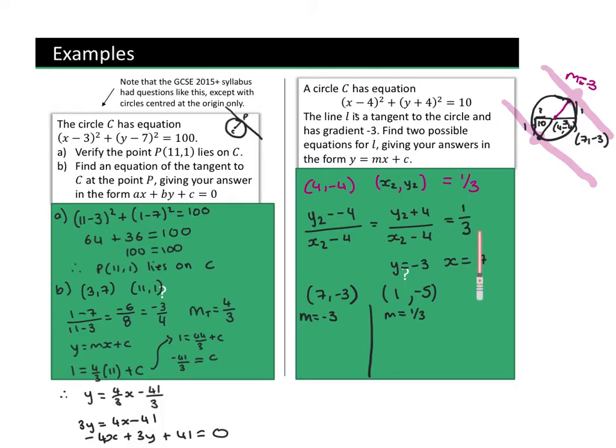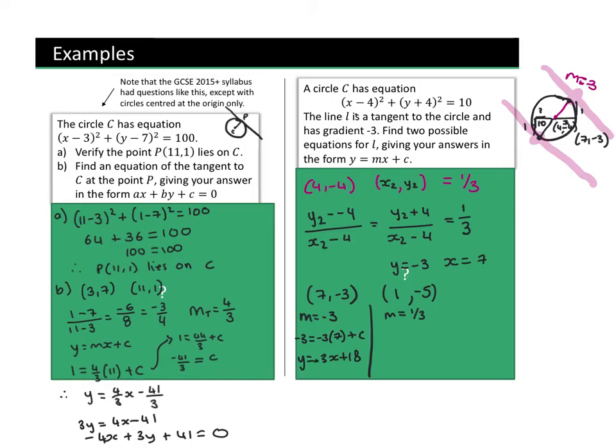The reason I used a third earlier was to find the gradient of the radius. So then I'm going to have minus 3 equals minus 3 lots of 7 plus c. Minus 3 times 7 is minus 21. If we move it to the other side, we're going to have 21 minus 3, which is 18. So c is 18, so y equals minus 3x plus 18.